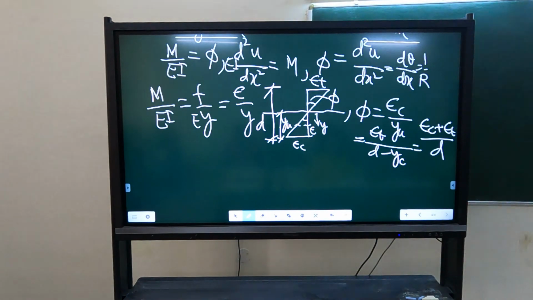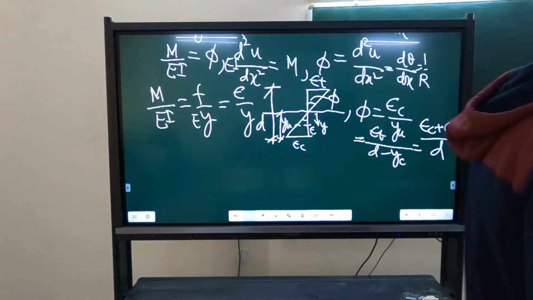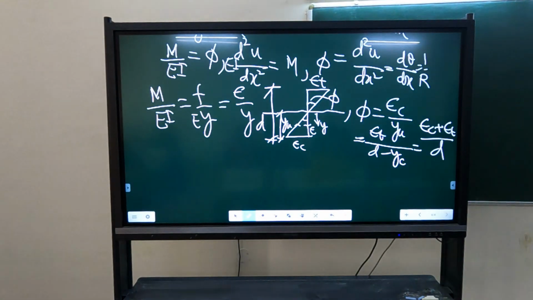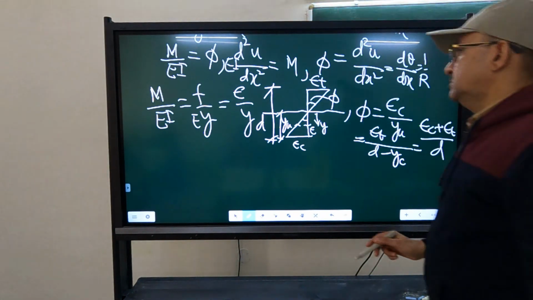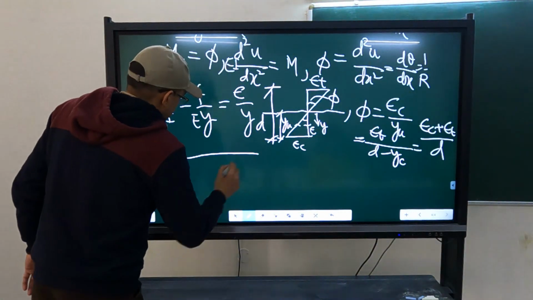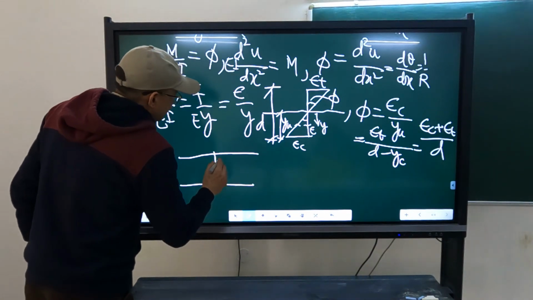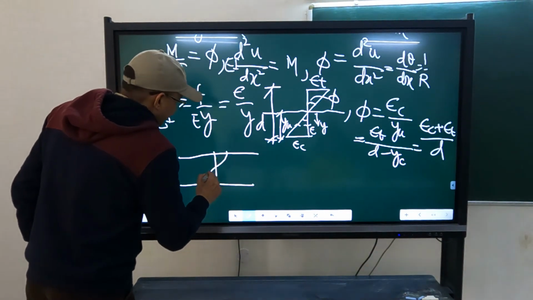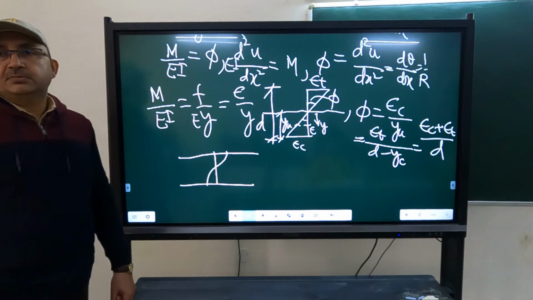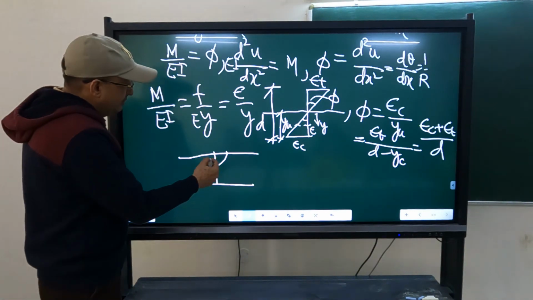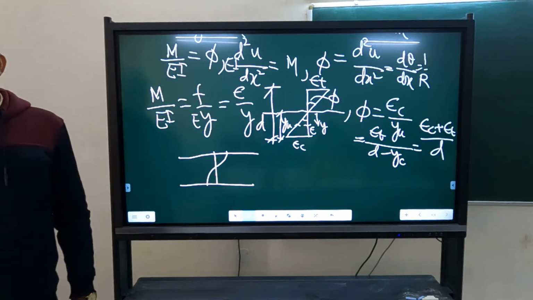In that case, if the plane section is not plane, what is going to happen? It will be warped. So the plane section which remains plane here will have this type of shape after bending, and the variation of strain is going to be like this.